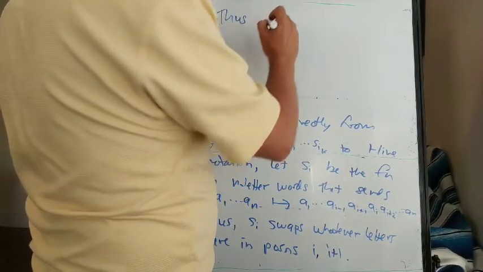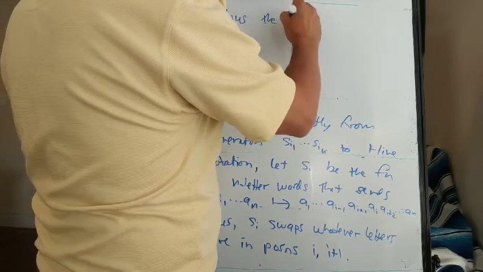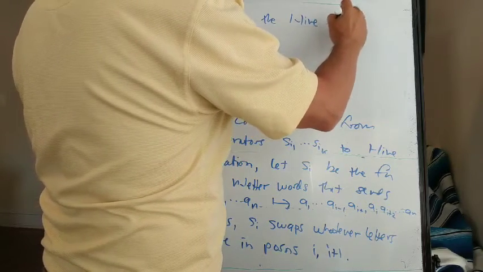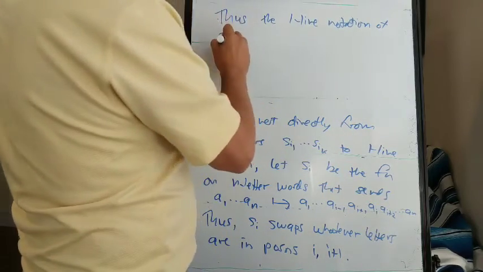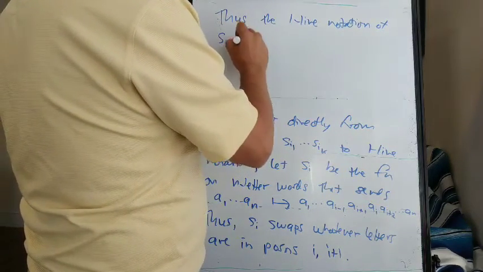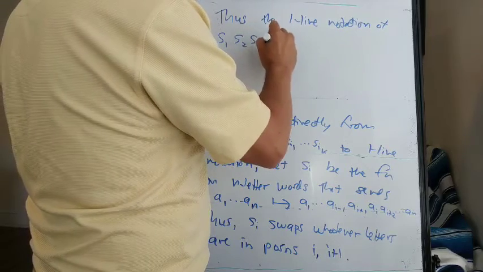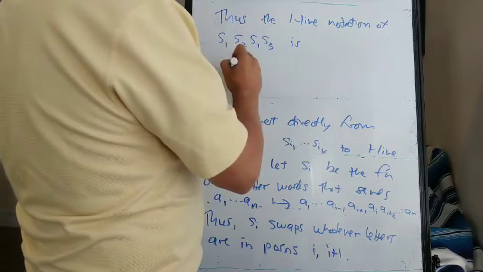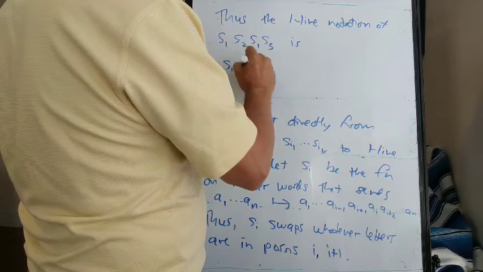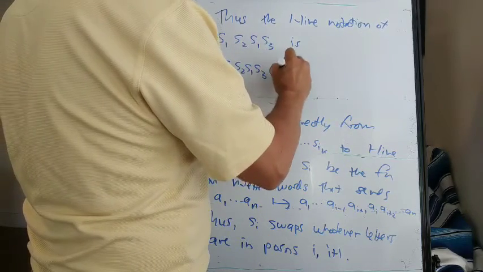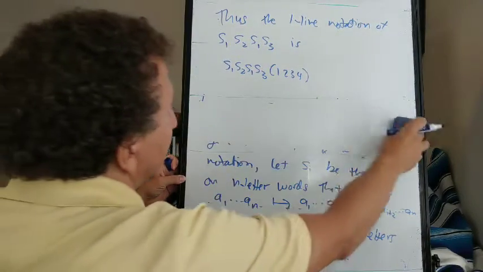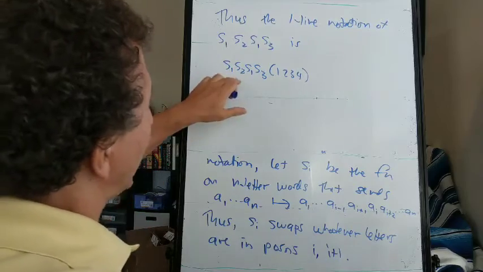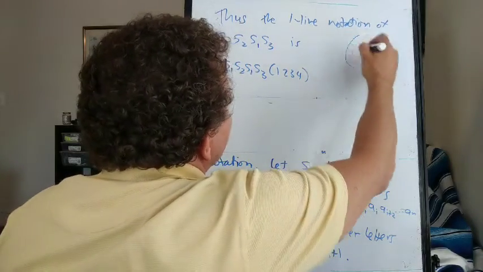So that means that the one-line notation of s1, s2, s1, s3 is, so we'll apply that to the word 1, 2, 3, 4. Now I'm imagining n equals 4 here.